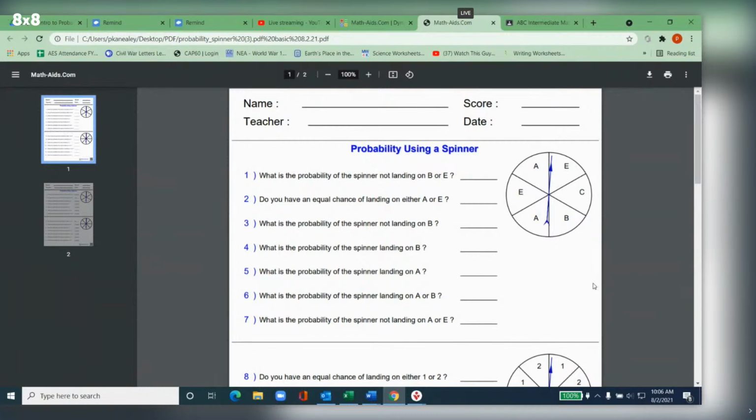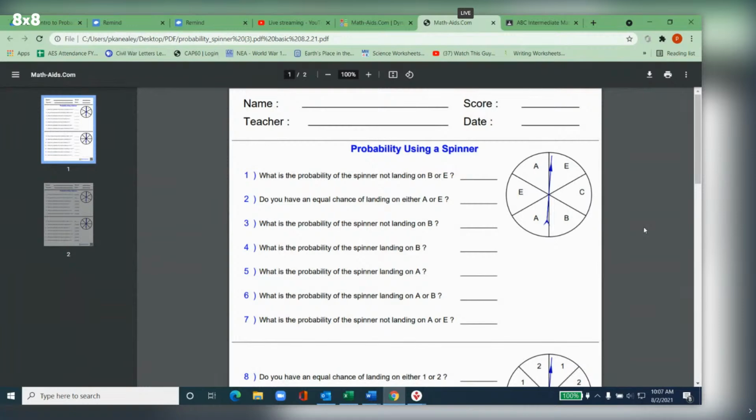It's the exact same number because if you spin this, it's going to land on B once, E once, E again. That's 3 possible landing spots on B or E. And then there's also 3 with A and C. So it's a 50% chance of landing on B or E, or 50% not landing on B or E.